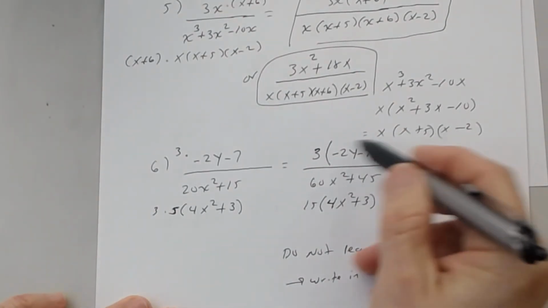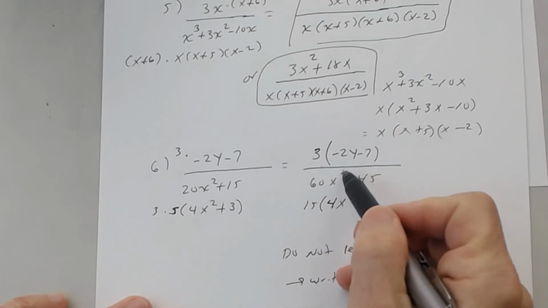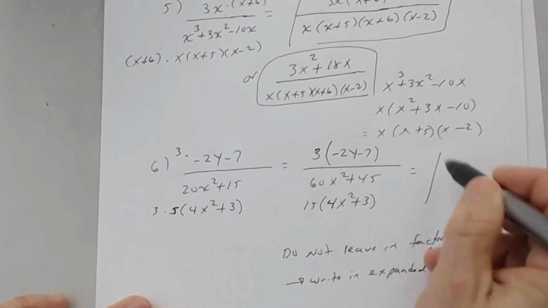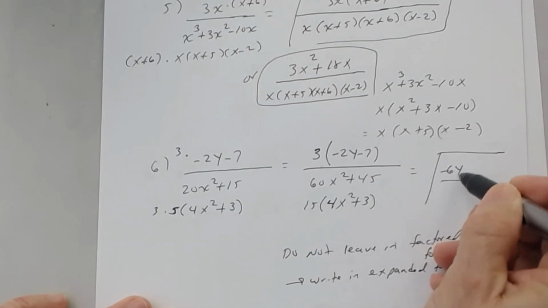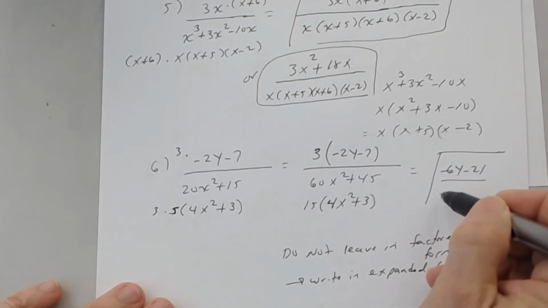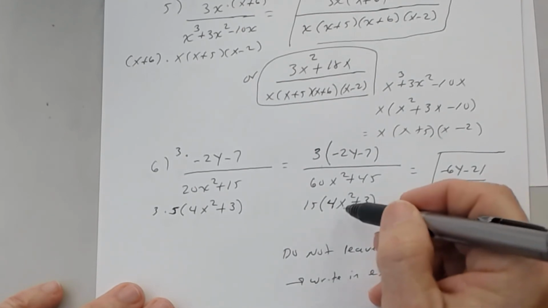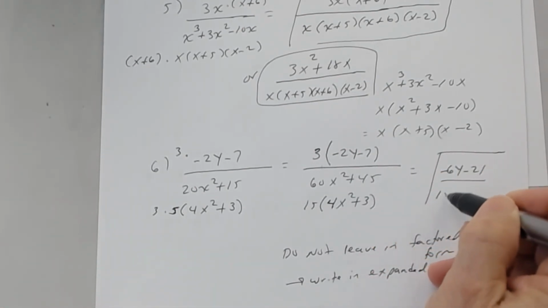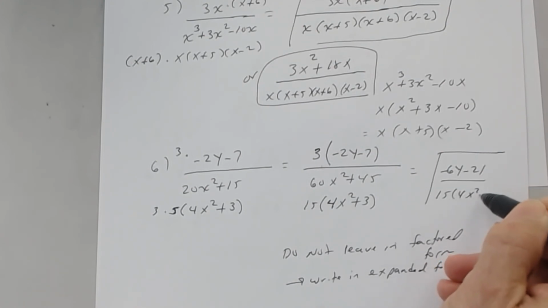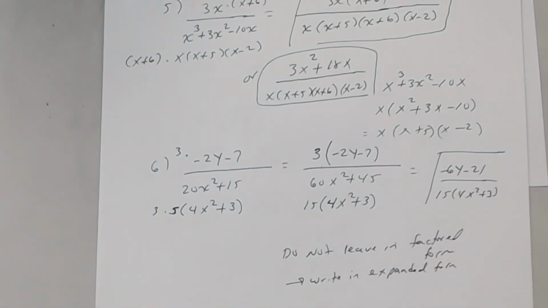So that would not be the answer right here. What would have to be the answer then? Yeah, negative 6y minus 21 divided by, and it doesn't matter which of these you use. I'm going to use the factored form down there. So when they talk about writing factored form or expanded form, they talk about the numerator. That's what they're referring to.